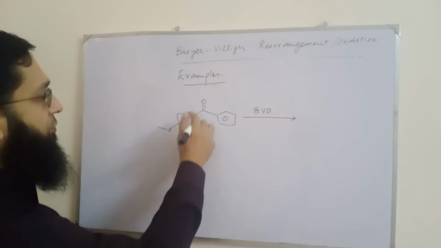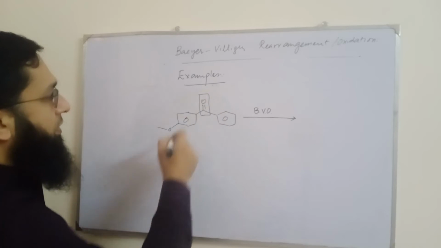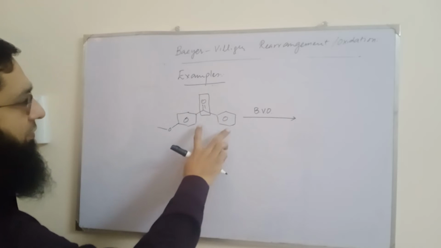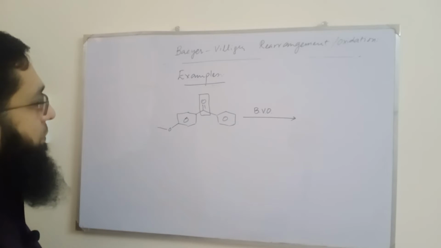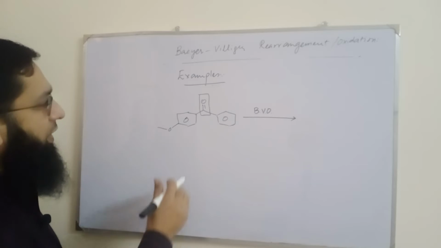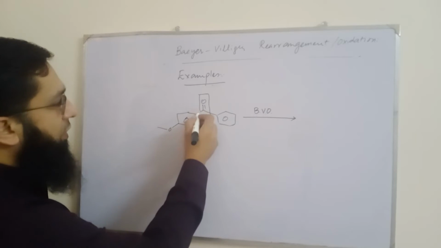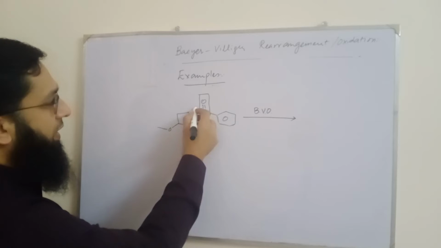We have to see two groups around this carbonyl group, and we have to compare between the two, and the group which is better electron donating would have oxygen inserted here at this position.